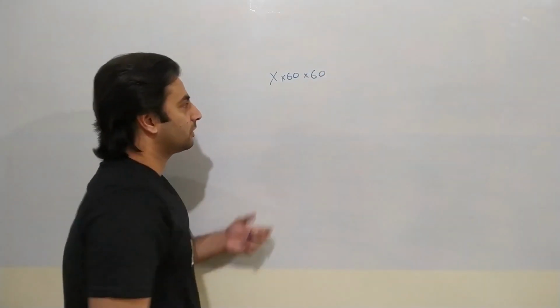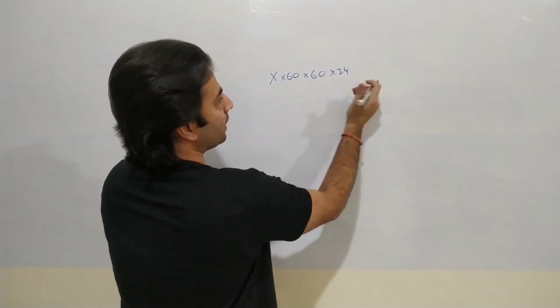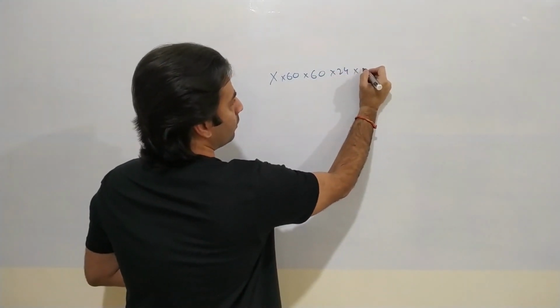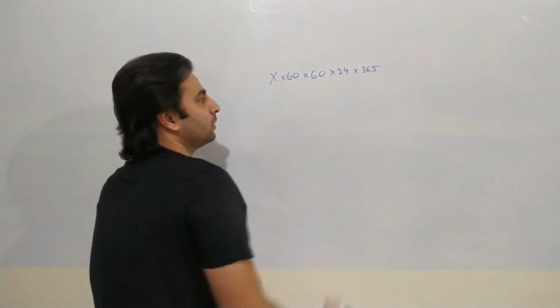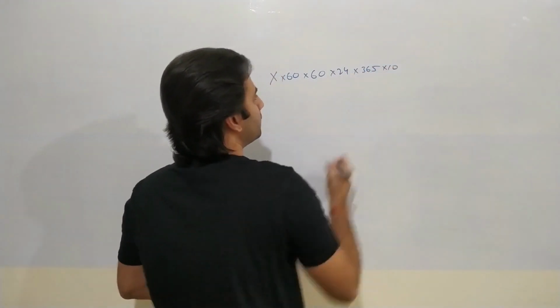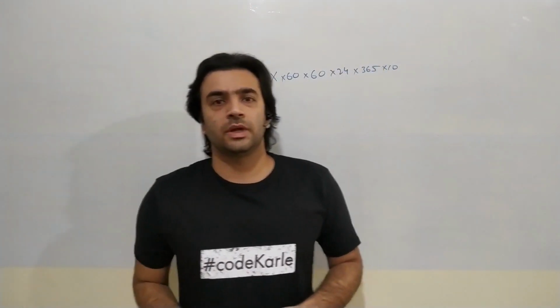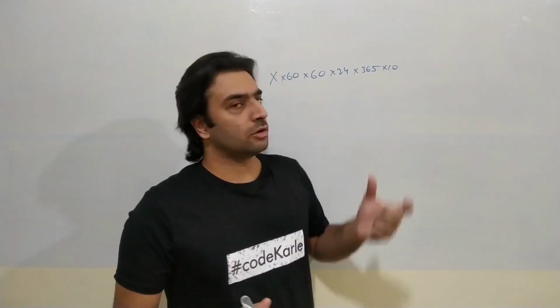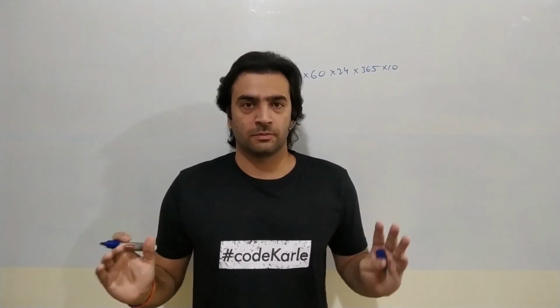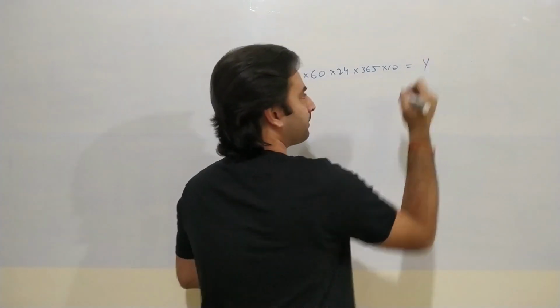Into 60 again gives the number in an hour. Into 24 gives you the number of requests in a day. Into 365 gives you the number of requests in a year. Into 10 years. Whatever this number would be, you should be able to build a system which can handle that many unique requests. Let's say this number is y.